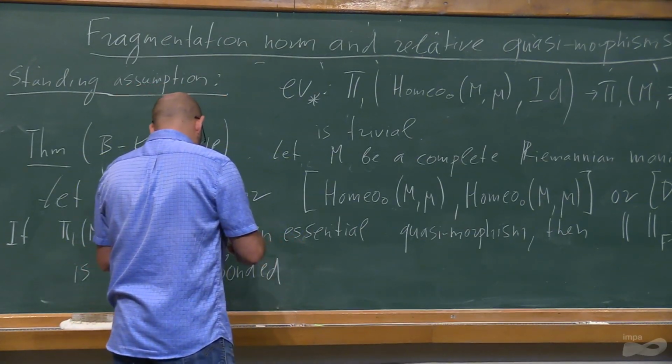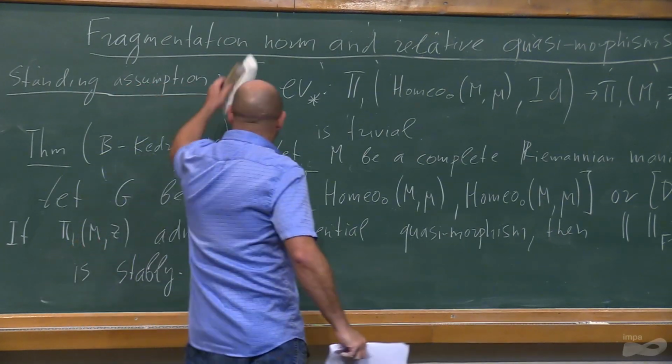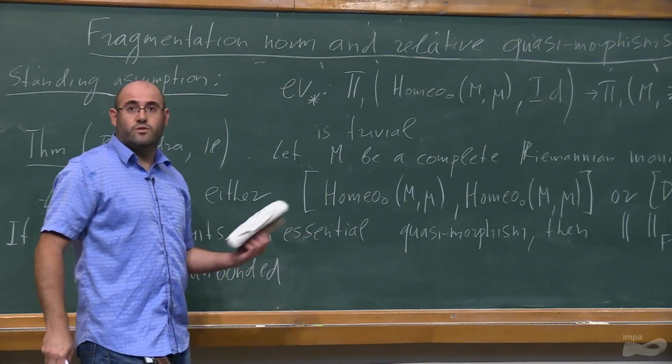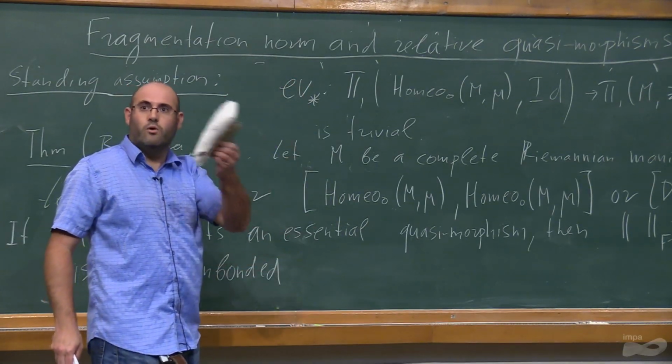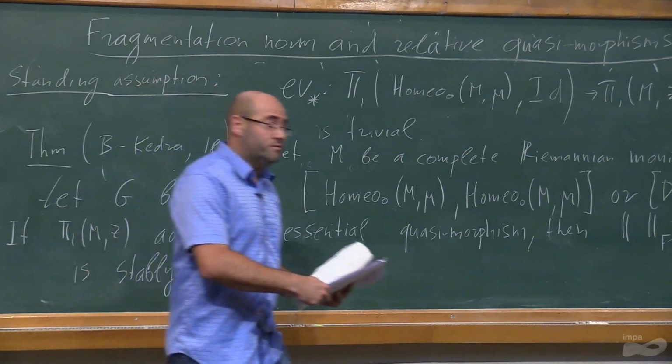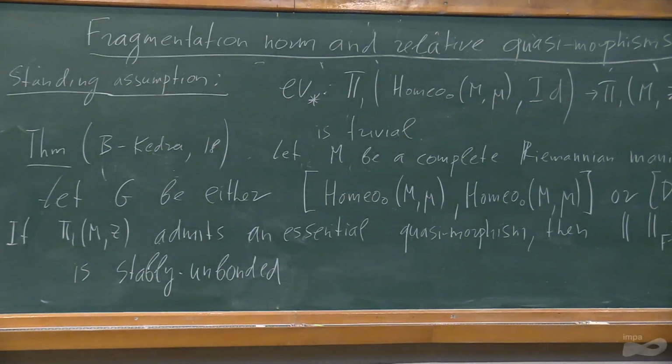Okay. And now let me write the same theorem in the case of a symplectic manifold, which is maybe more interesting for most of you, in the case of the group of Hamiltonian diffeomorphisms. This is basically rewriting this theorem a little bit.